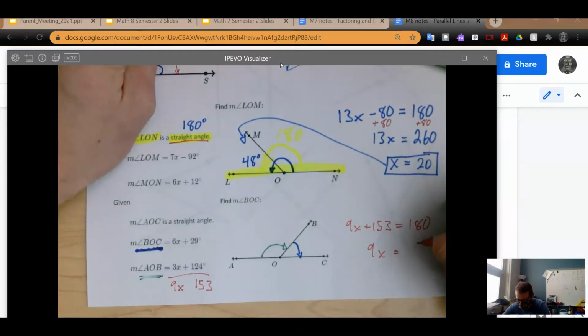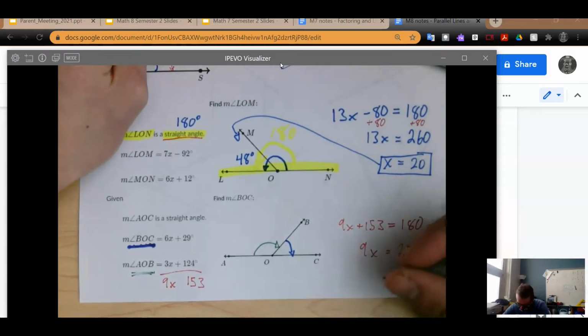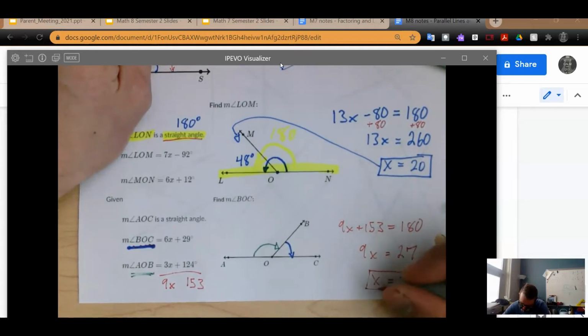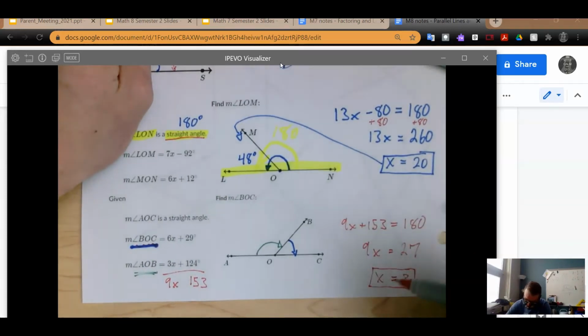Ooh, 9x is going to equal 27, meaning x will equal. Stop your hand from going to try to type that in, because that's not your answer.